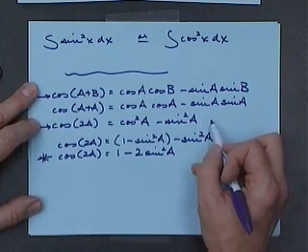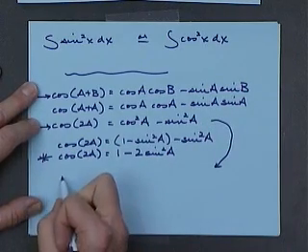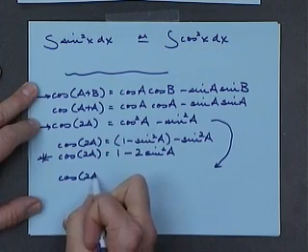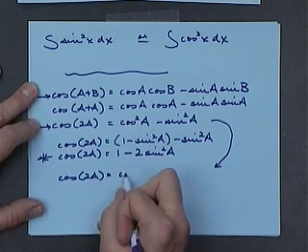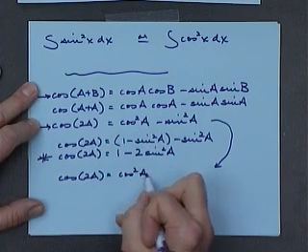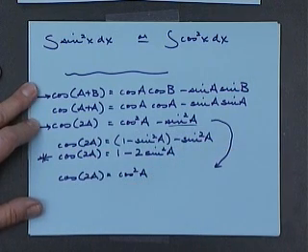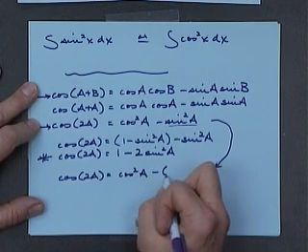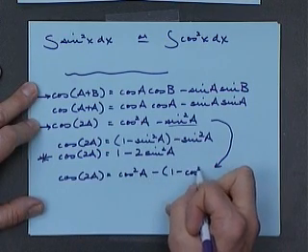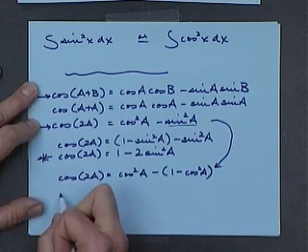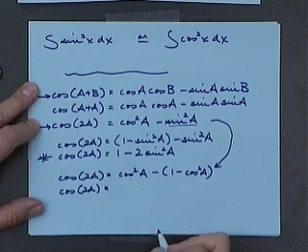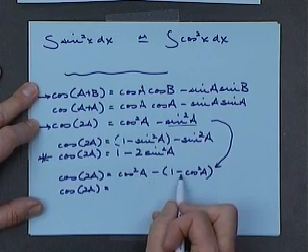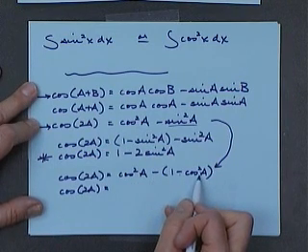Okay, now let's take this and leave cosine squared alone. And what can we do with sine squared? 1 minus cosine squared. That's exactly right. So we've got minus a minus cosine, which is really plus.